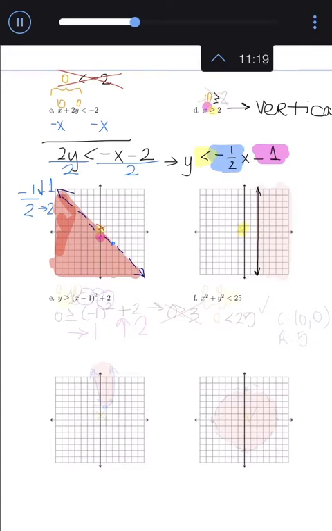So that would give us 0 is greater than or equal to 2. Is 0 greater than or equal to 2? Absolutely not. So that is not a true statement. So 0, 0 does not work. So just like a couple of the ones before, we're going to shade the side of the line that 0, 0 is not on, the other side of the line, and then we're done.